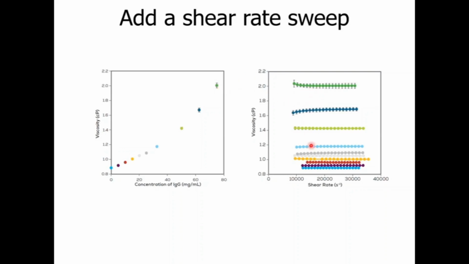So because we are sweeping over different shear rates, we can assess how the sample is flowing and if it is Newtonian or not. A Newtonian sample will show a horizontal line, no influence of the shear rate on viscosity, but you could also see something that is shear thinning when the viscosity decreases, or shear thickening when the viscosity increases. So with a measurement like this, you can get the viscosity, get the statistical analysis, and you can also talk about the Newtonian behavior.